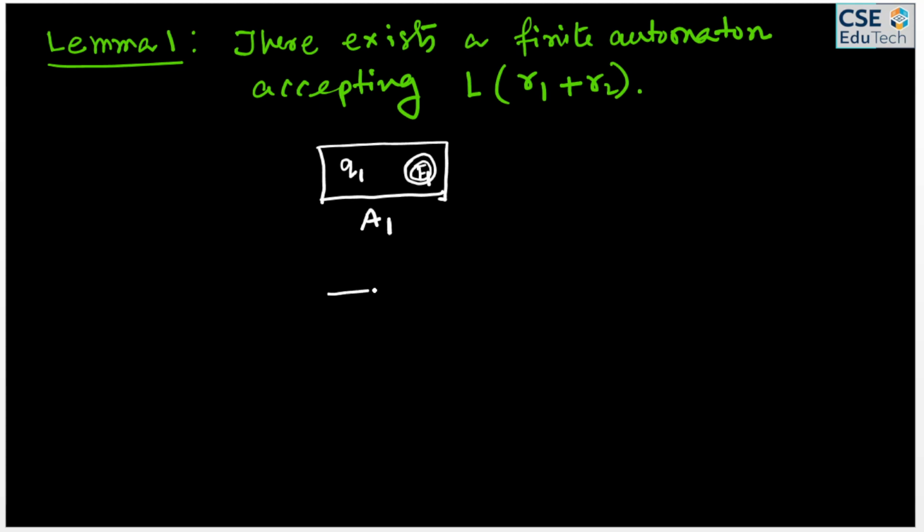And there exists another automaton, say A2, where the accepting state is F2 and the initial state is Q2.